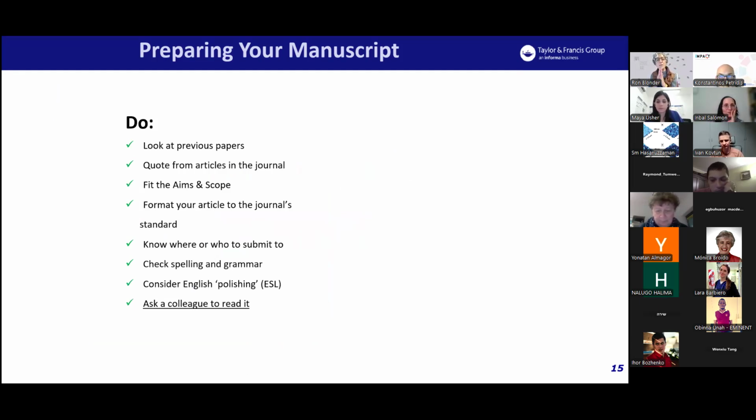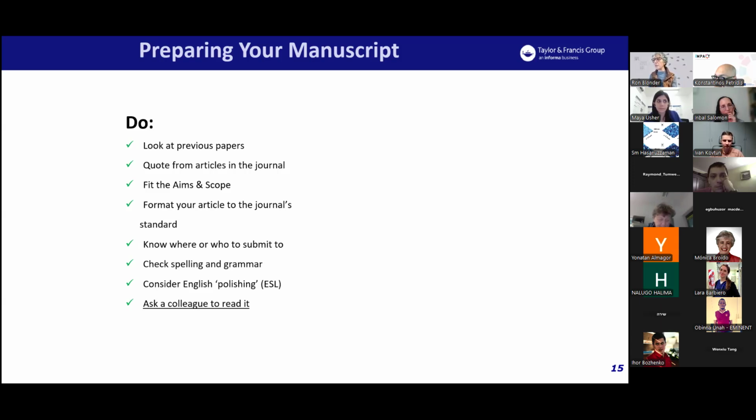It's not enough to be close to the aim and scope of the journal. It should be in the middle of the scope. It should be explicitly within the scope of the journal. Otherwise, it will be a desk reject. It will not go to review, okay?